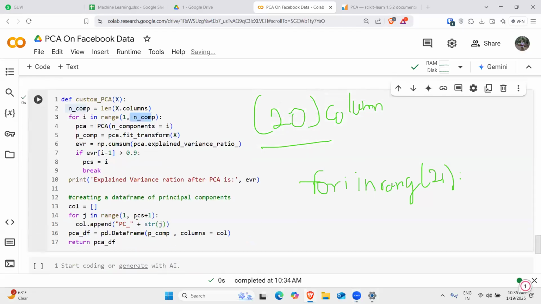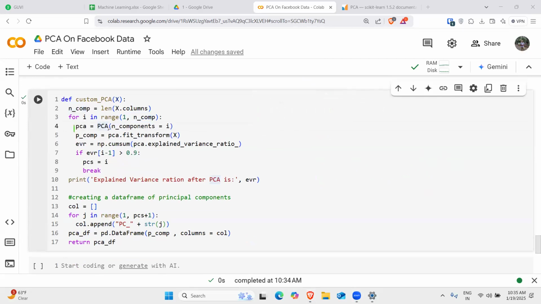Here also we are doing plus 1, right? So pca = PCA(n_components=i) and p_component = pca.fit_transform(X). By using this line, we are just creating an object. First of all, small pca is the PCA package, in which we are going to pass n_components = i.